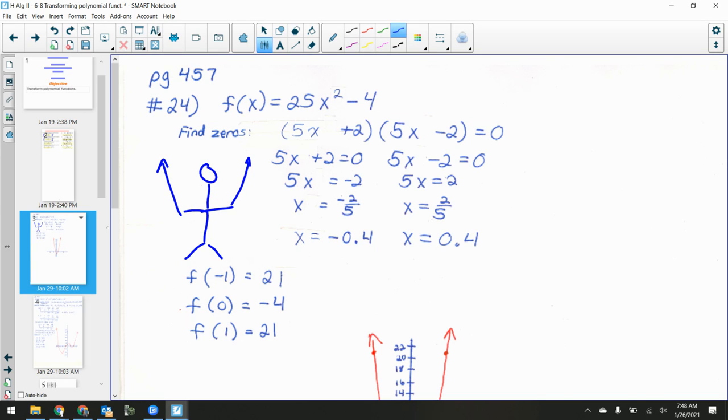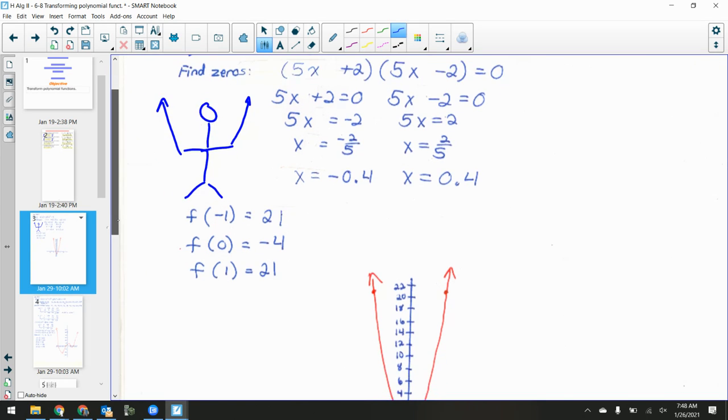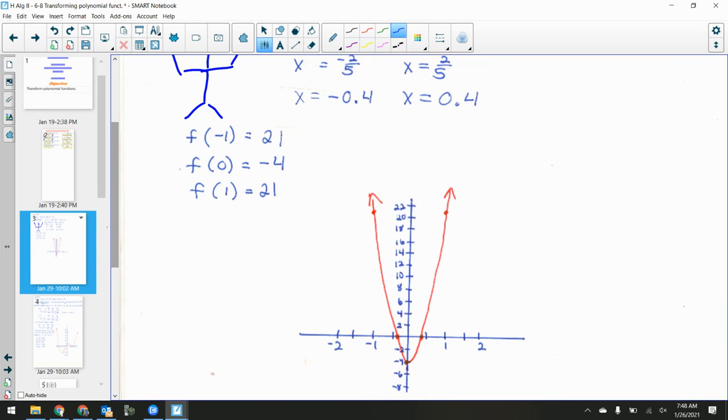At that point, I would want to make myself a little table because I want to know what's going on in between there. As I told you yesterday, you really want to figure out what's going on in between the zeros.